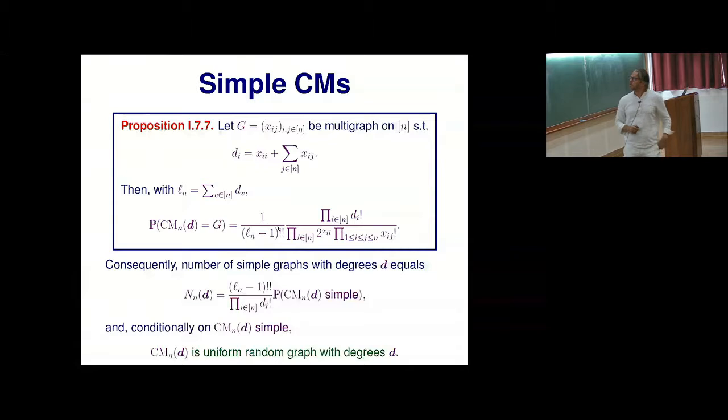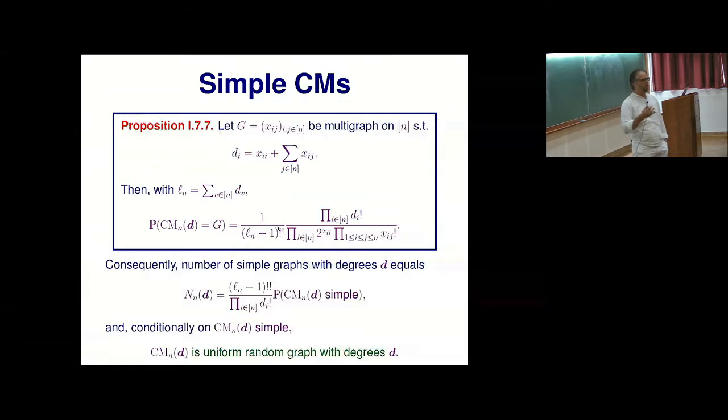And that means that we have to describe it not just by an adjacency matrix, who's neighboring who, but in fact even by writing down how many edges there are between different vertices. So the x_ij's here are the number of edges between vertex i and vertex j. And of course, if you know all the x_ij's, you know exactly what the graph looks like.